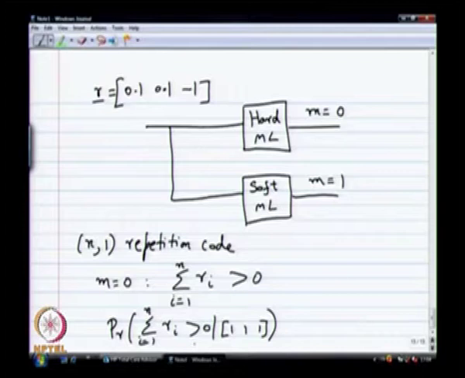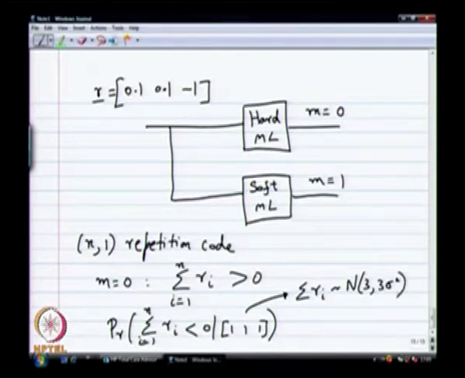But remember, conditional on the fact that I sent 1 1 1. Okay. So if you sent 1 1 1, what does summation Ri become? So if you sent 1 1 1, summation Ri is simply normal with mean 3 and variance 3 sigma squared. Is that okay?